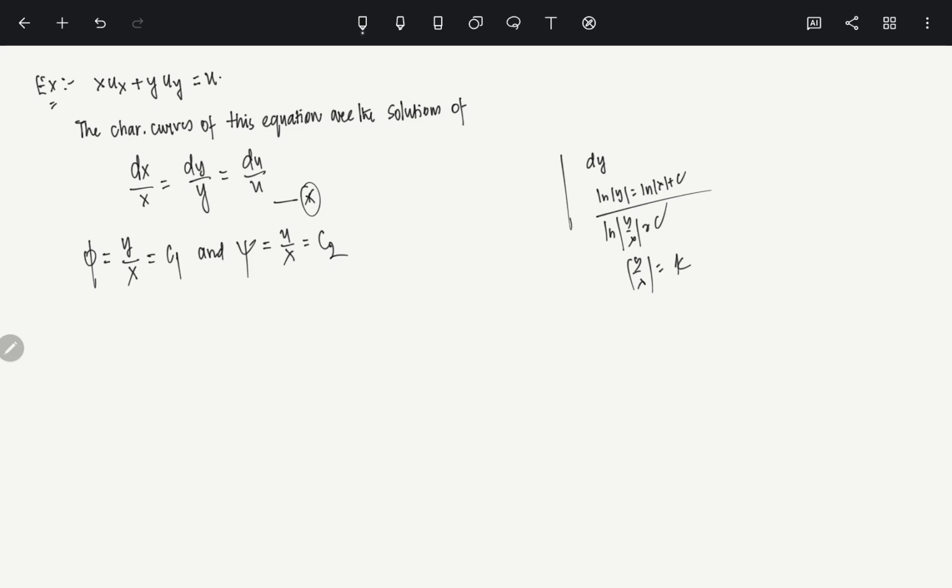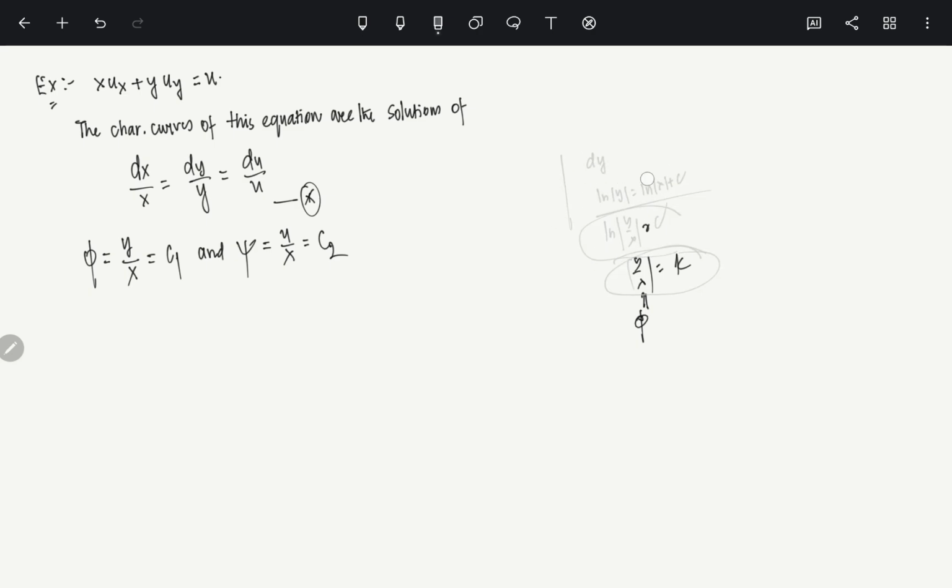Now what we are doing is defining this as my new function phi. This solution, y by x equals to constant, actually solves star. So basically this solves the characteristic equation. On the characteristic curve, y by x has to be constant.